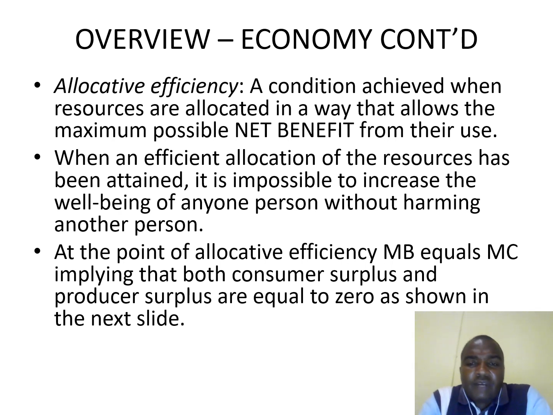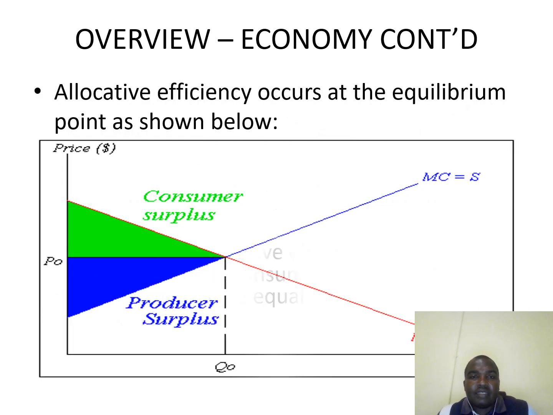At the point of allocative efficiency, marginal benefit equals marginal cost, implying that both consumer surplus and producer surplus are equal to zero, which is depicted on this slide number 43.